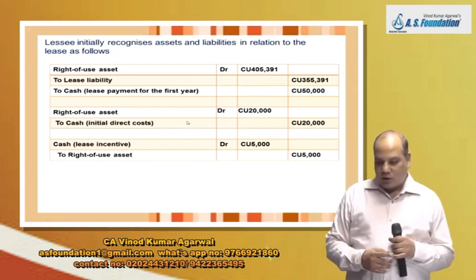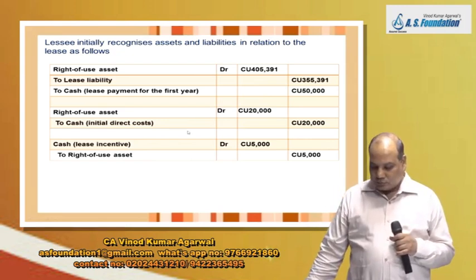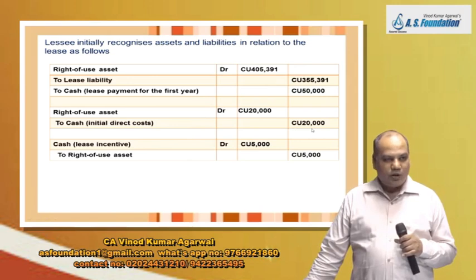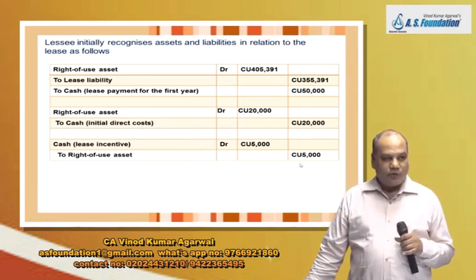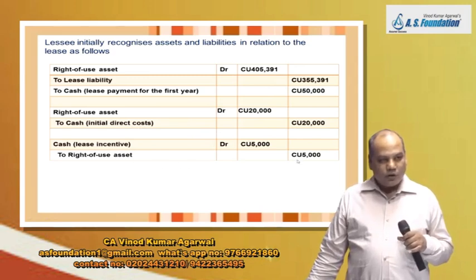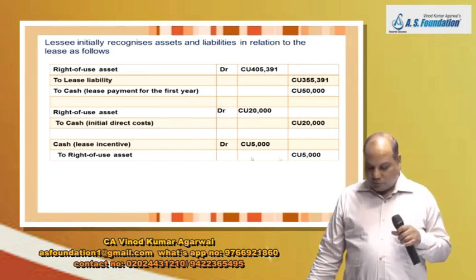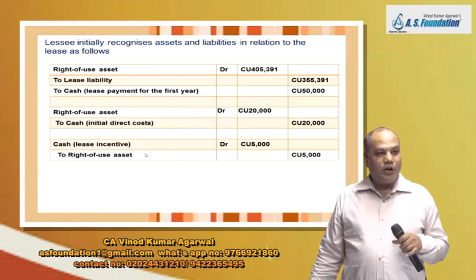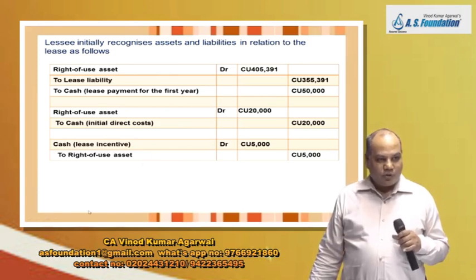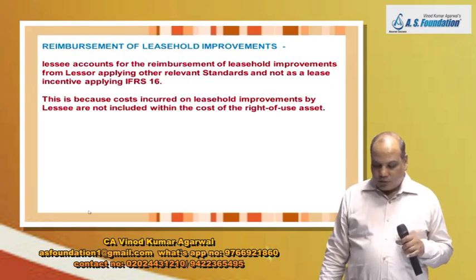Right of use asset account debit 20,000 to cash or bank account 20,000 being initial direct cost. Then cash account debits 5,000 to right of use asset account 5,000 being lease incentive relating to lease paid by the lessor.